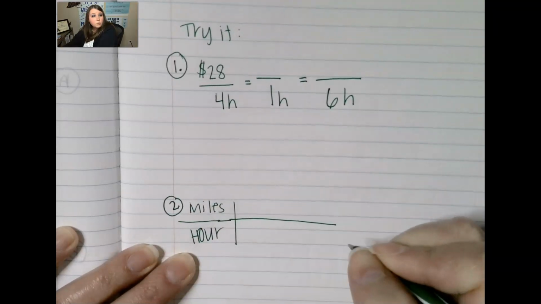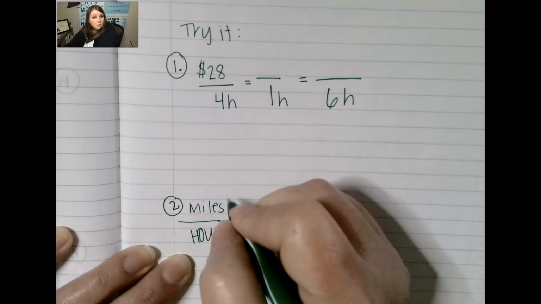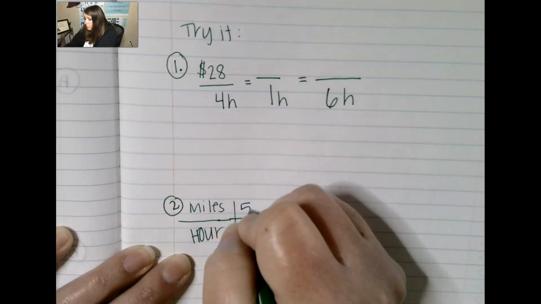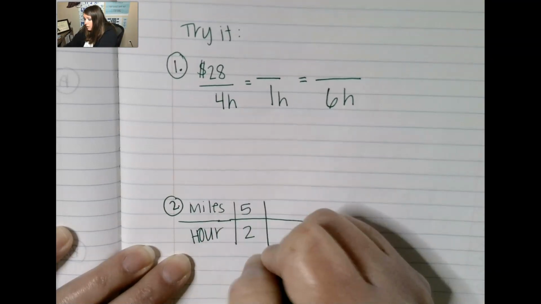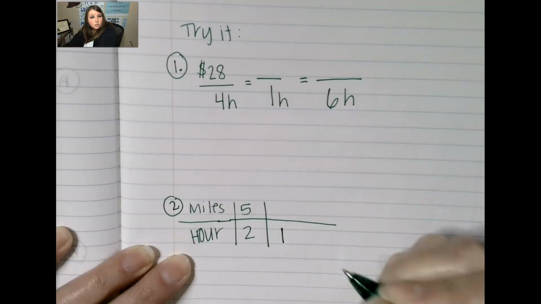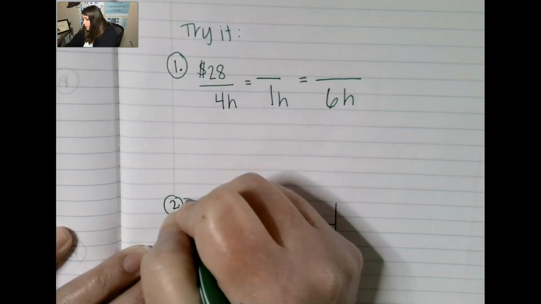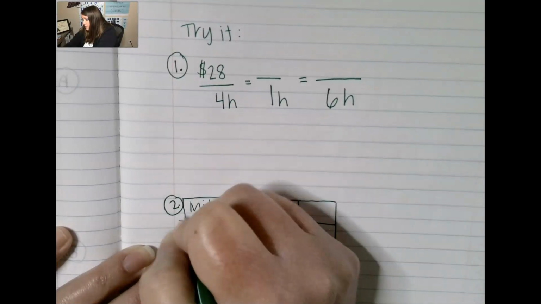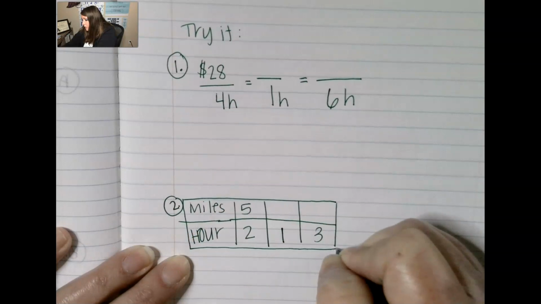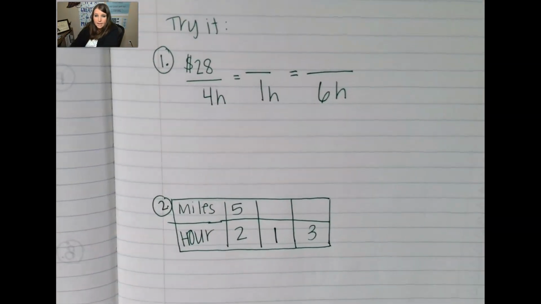In miles per hour, we are going to hike 5 miles in 2 hours. How much do we hike in 1 hour, and how much do we hike in 3 hours? Okay, go ahead and hit pause right now so you don't hear me solving this problem, and then when you are ready, come on back and hit play.